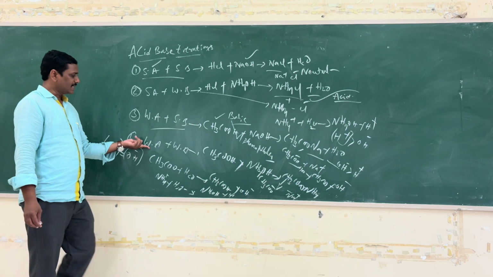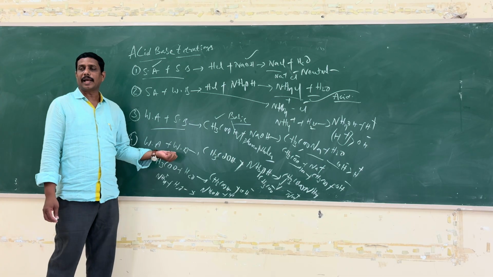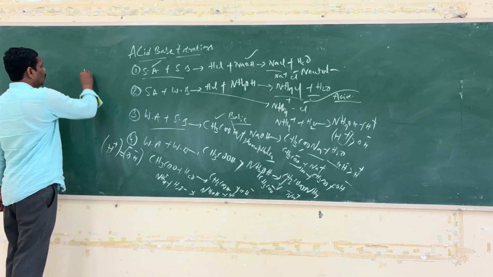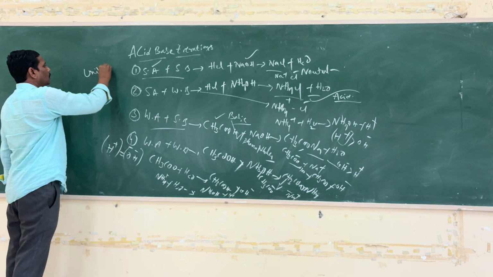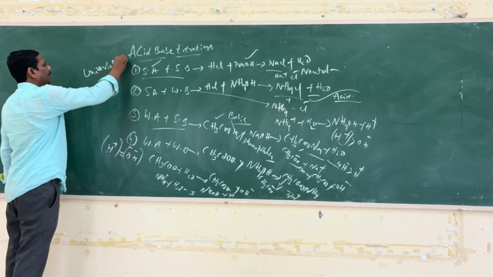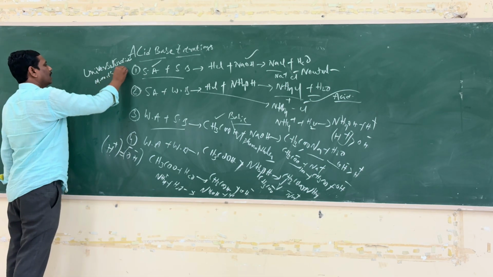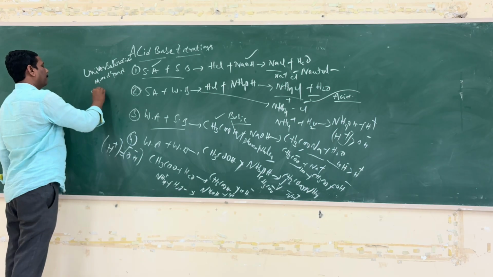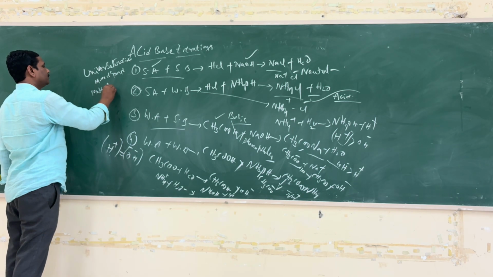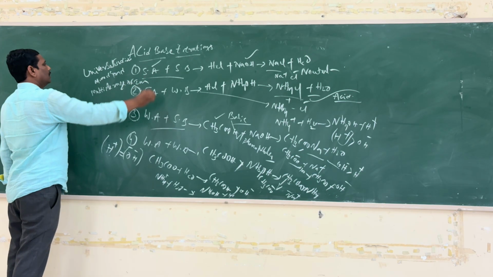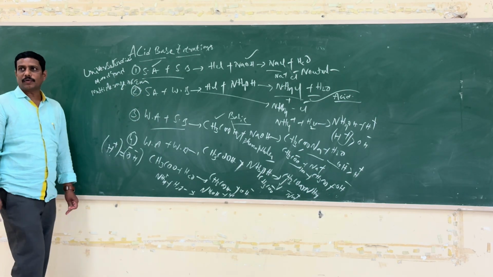In such cases, weak acid versus weak base, a special category of indicator is employed, namely the universal indicator, also called mixed indicator or multiple range indicator. What is meant by universal indicator?